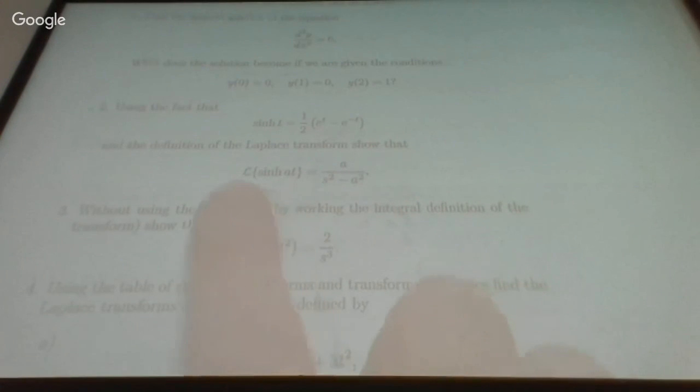We then got some exercises on Laplace transforms, and these are a mixture, none of them are taking Laplace transforms from first principles. So the first one is using this expression for the hyperbolic sine function as a difference of exponentials. Using this fact and what we already know about the transforms of exponentials to then derive the transform of the hyperbolic cosine function.